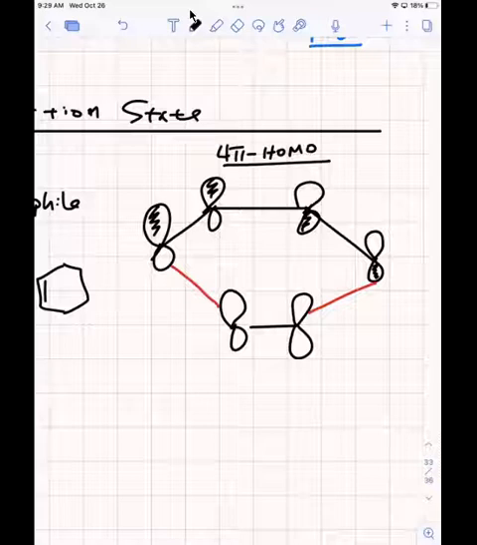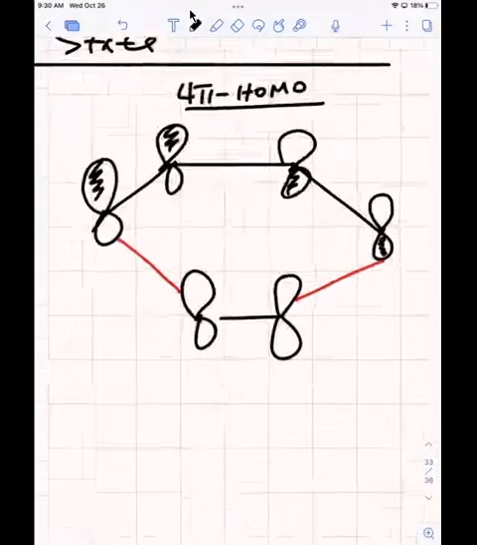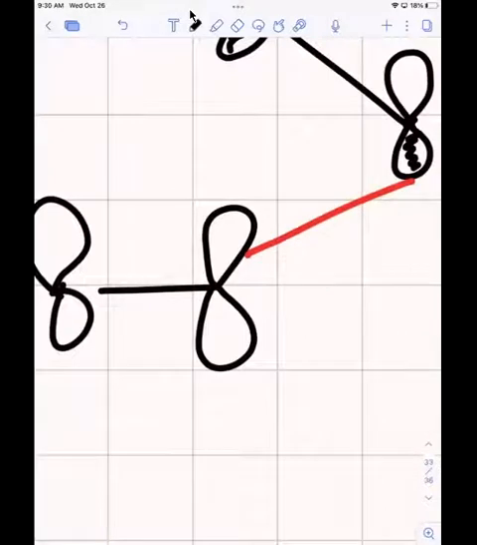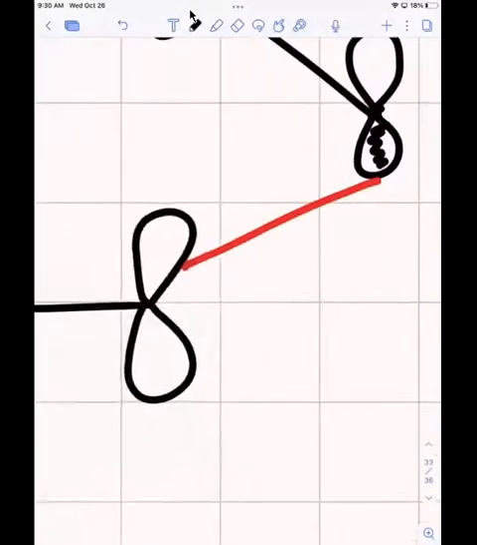Keep in mind too, that orbitals are equations. And so if you add them together and they have the same sign, they're going to add and be complementary. If you add them together and they have different signs, then they're going to basically cancel one another out. So what do I need the sign of this top lobe to be if I wanted to overlap with this lobe right here?